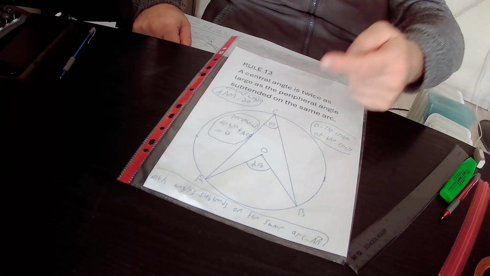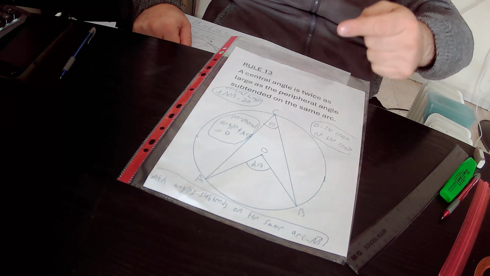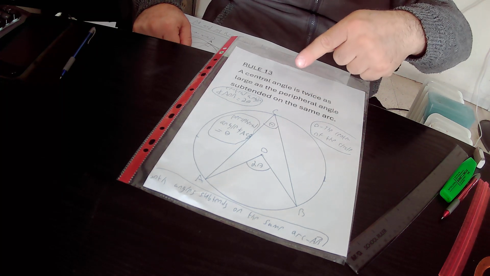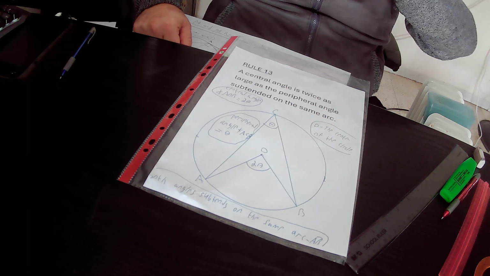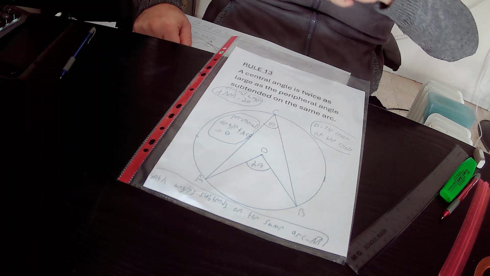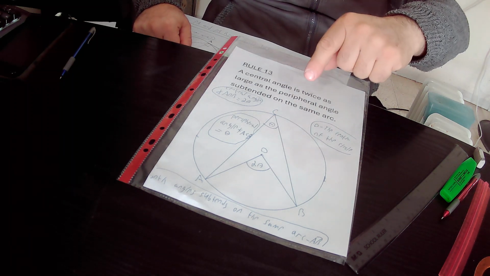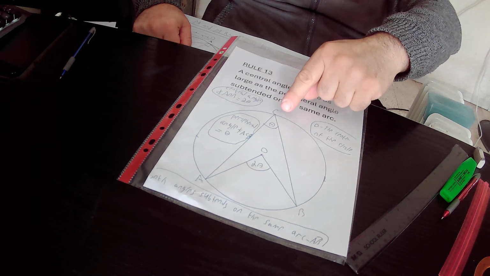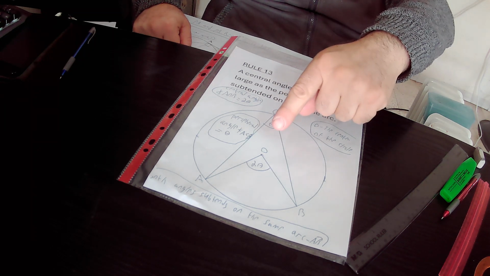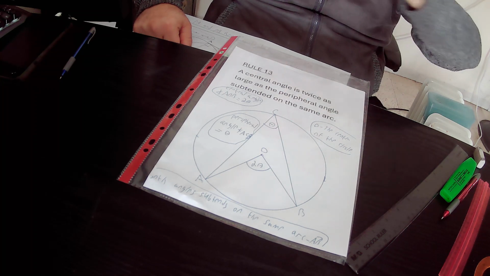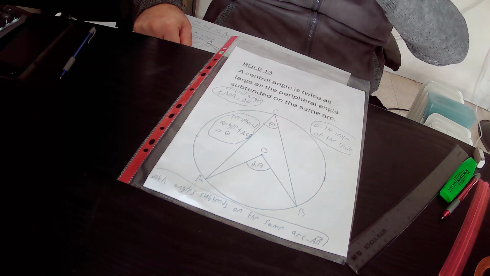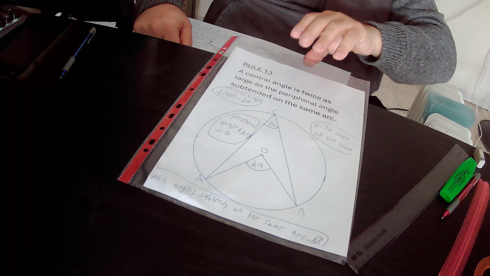Therefore the central angle will be twice as large as the peripheral angle. Because the peripheral angle equals theta, the central angle will be equal to 2 theta.